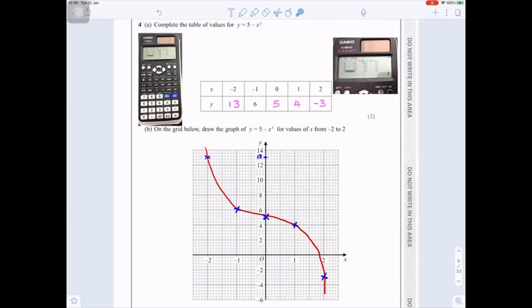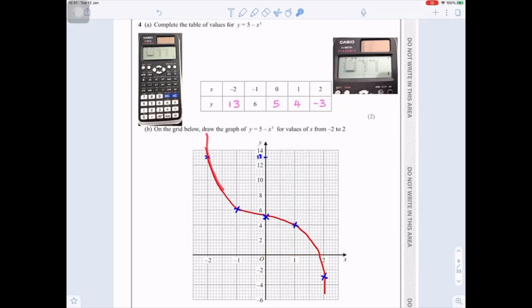Now you use those points to plot the graph. -2, 13 is this point there. -2 to the left, 13 up, that's the point. -1 to the left, 6 up, -1, 6. 0, 5, you go to 5. 1, 4, 1 to the right, 4 up, you mark it there. 2, -3, 2 to the right, 3 down, you mark it there.